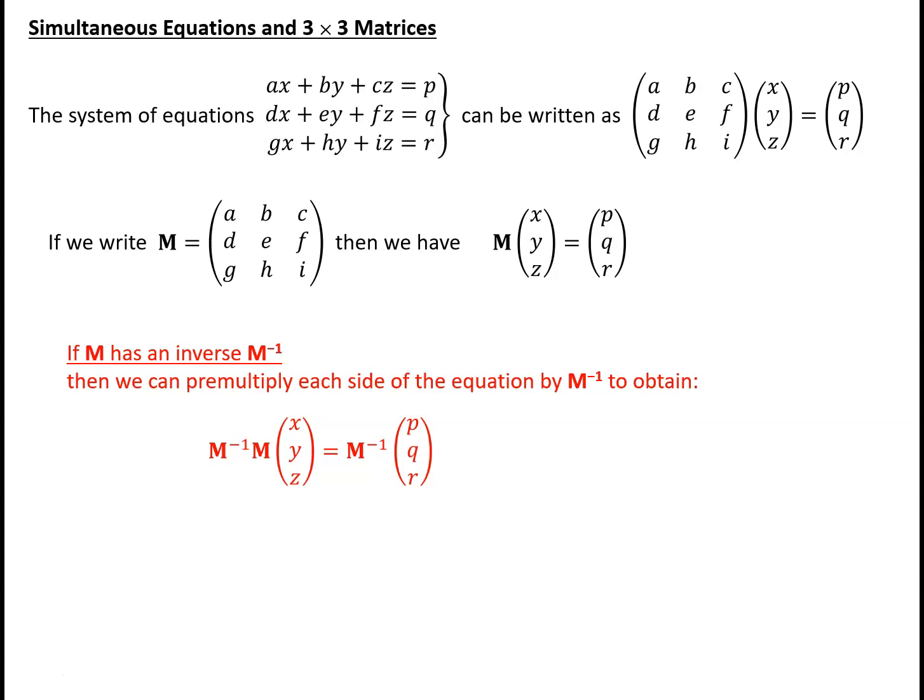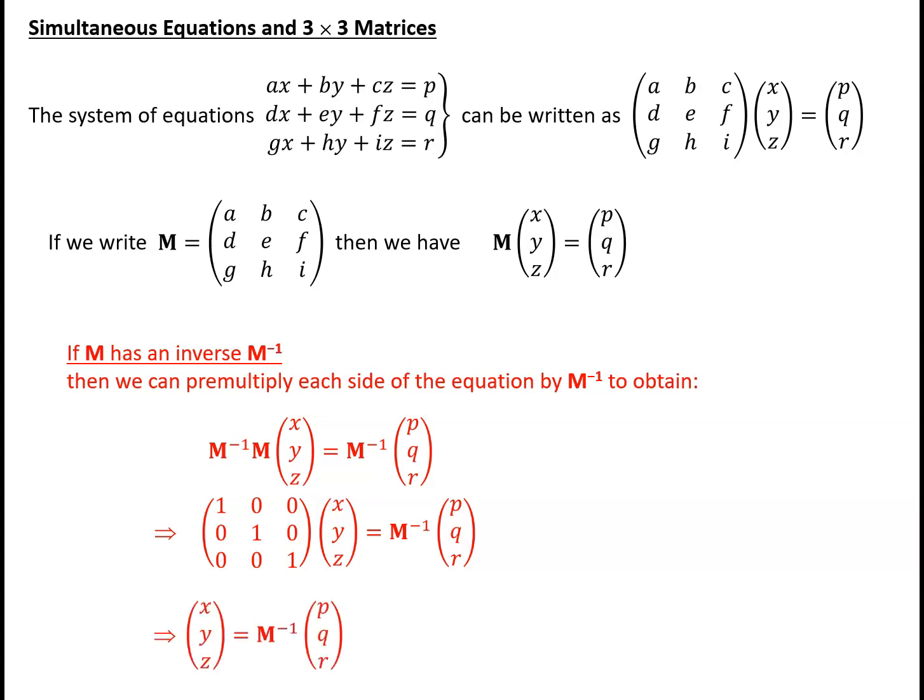But M inverse times M is the identity matrix. So we've got the identity times x, y, z equals M inverse times PQR. And the identity times x, y, z just gives me x, y, z. So x, y, z must equal M inverse times PQR.